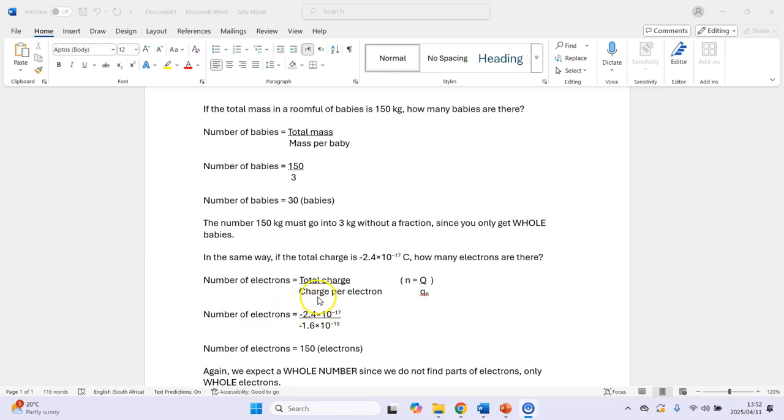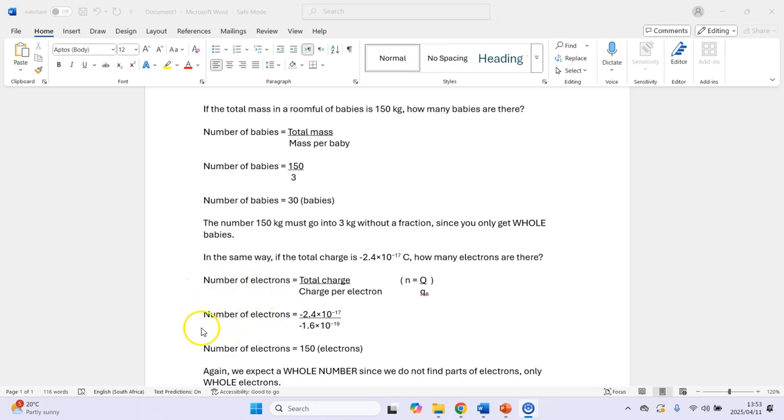So the number of electrons can be calculated as the total charge divided by minus 1.6 times 10 to the minus 19. Now, because my total charge here is negative, that means that I need to divide by negative 1.6 times 10 to the minus 19 because I have an excess of electrons.